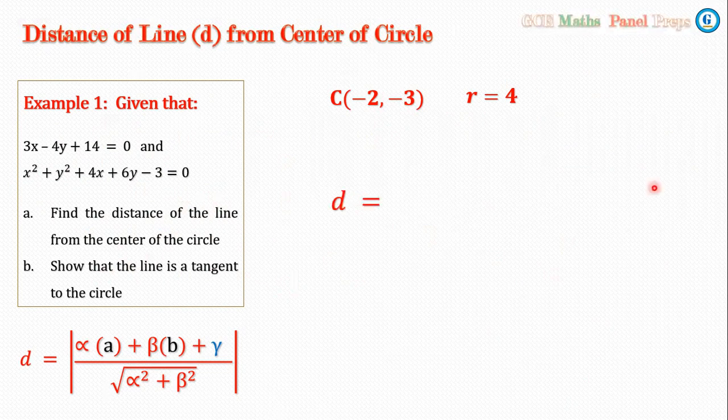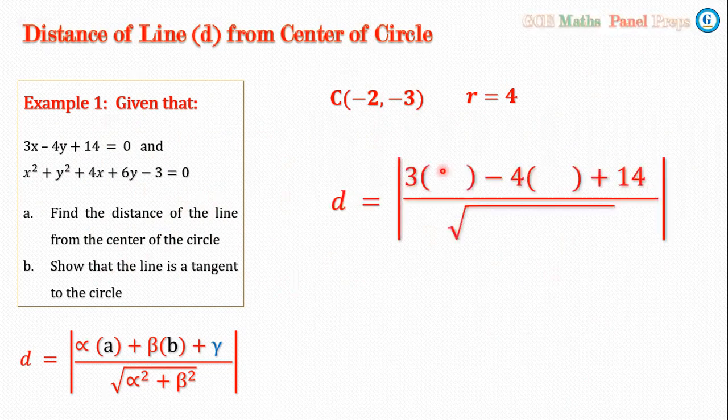Therefore, our distance is given by the absolute value of, look at the line, the coefficients of the line: 3, -4, and 14. Now we replace the x and y values by the coordinates of the center of the circle, so we replace x by -2 and y by -3, all over the root of the sum of squares of the coefficients of the line.